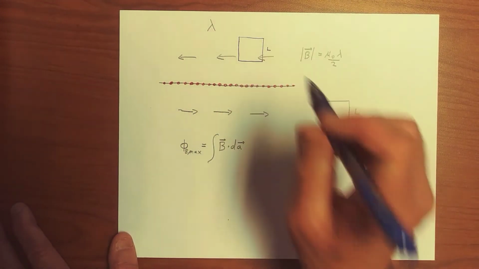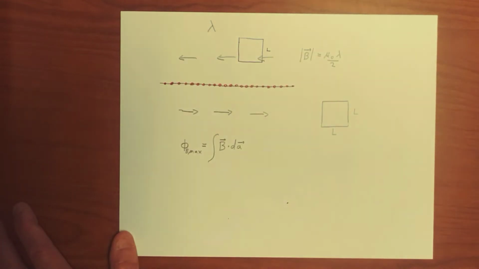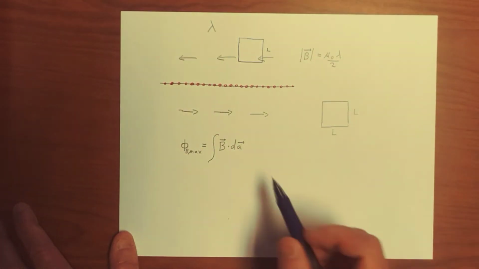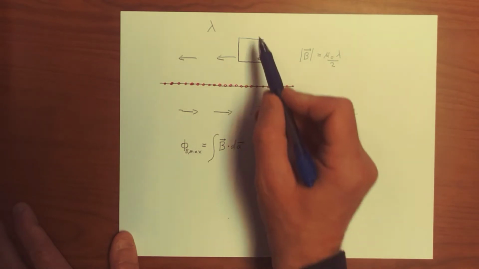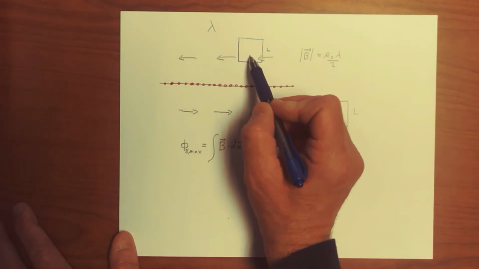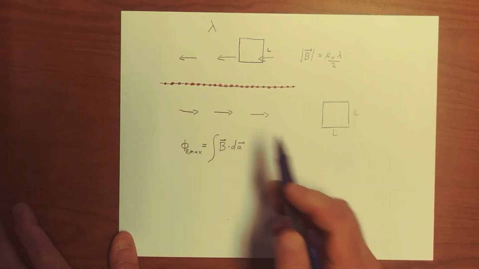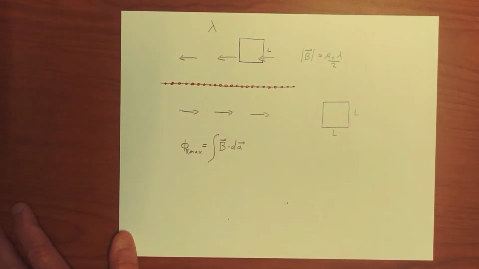They don't go through the square, they just lie on the square, and the dAs of the surface here are pointing normal to that surface, so B dot dA is 0 at every single point, and we get 0 flux in that case.